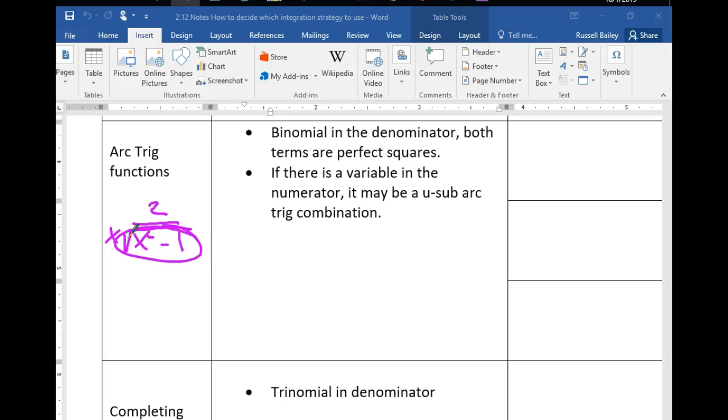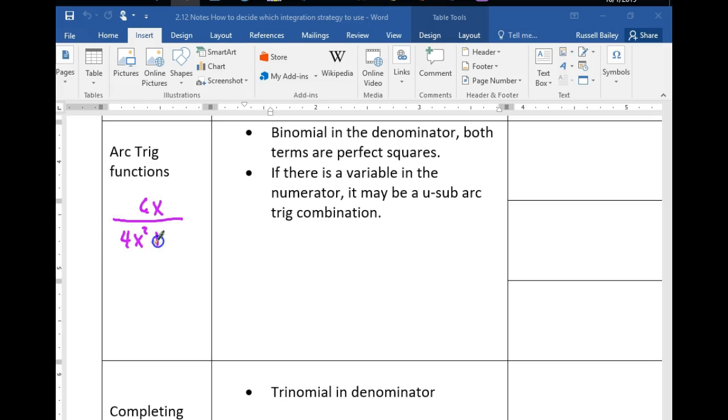After you know it's an arc trig, then you got to start making decisions. Is this arc sine, arc tangent, arc secant? What is it? But that's it. Now, if you have a variable in the numerator, it could be a u sub with an arc trig. So for instance, suppose I had this 6x over... I wonder if that would work. Let me think for a second. I think it would.